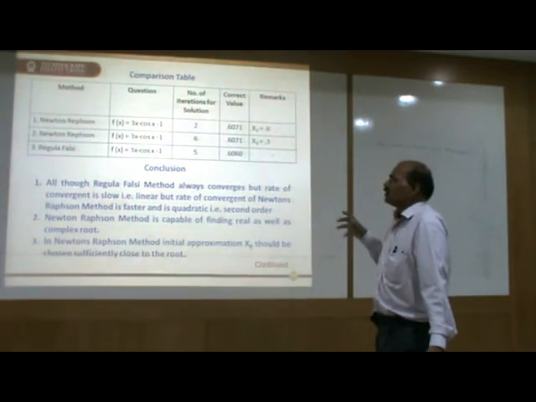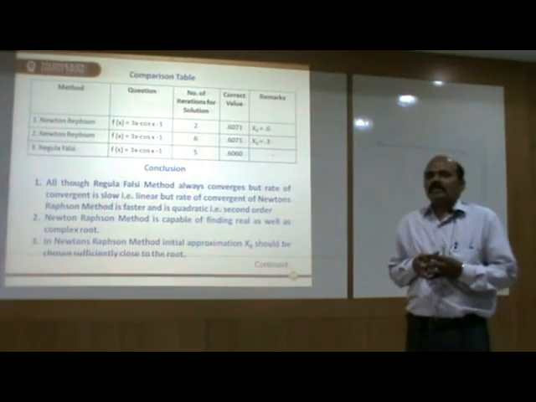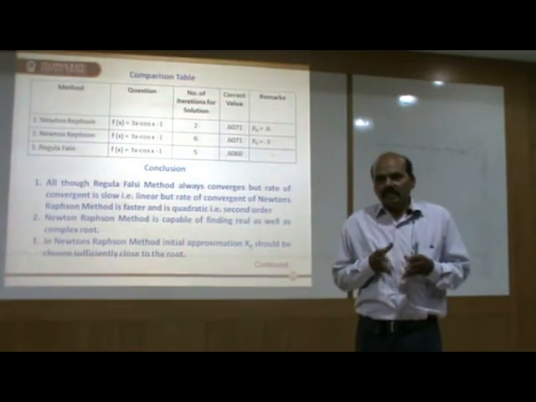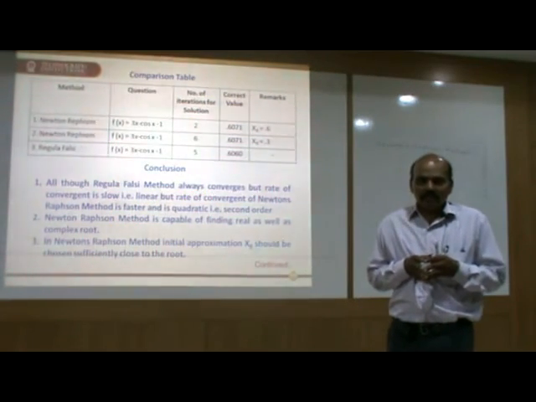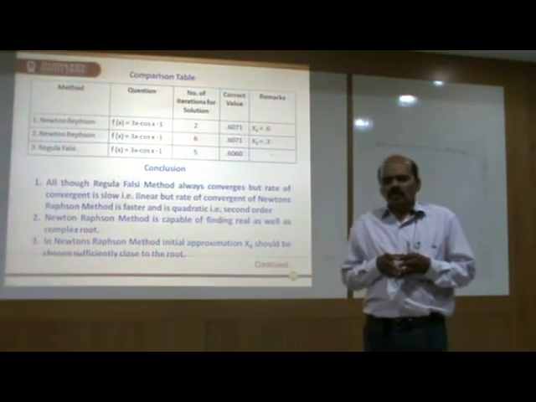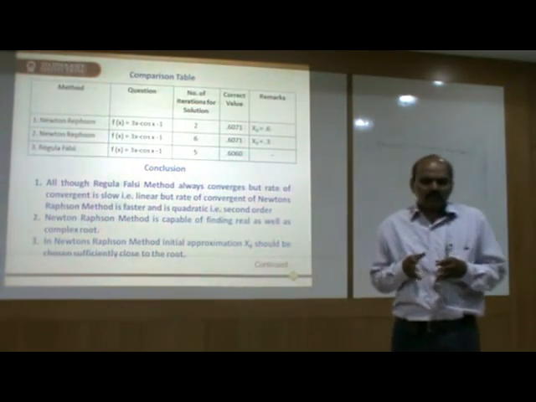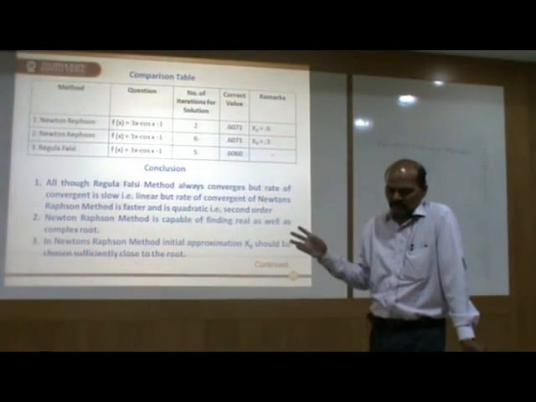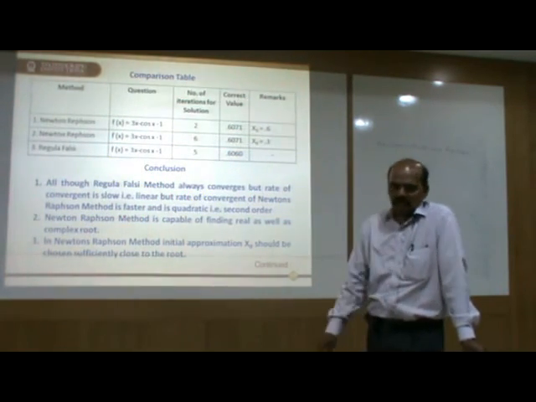So from this we conclude that Newton's Raphson method is faster than the regula falsi method, and if f dash x0 is not equal to 0, then we should use Newton's Raphson method to solve a transcendental equation rather than the regula falsi method.